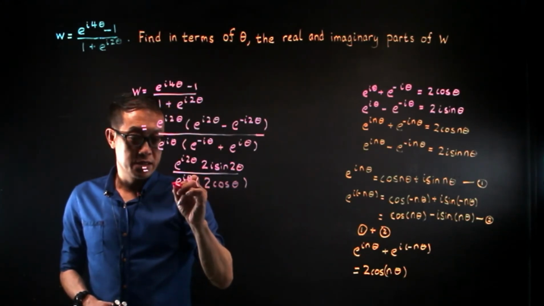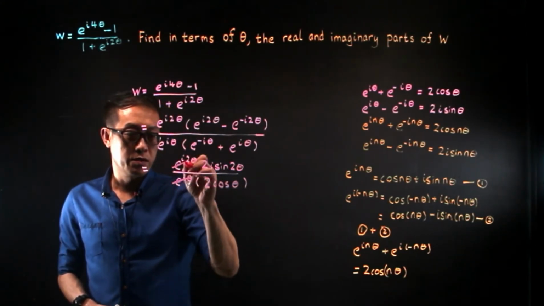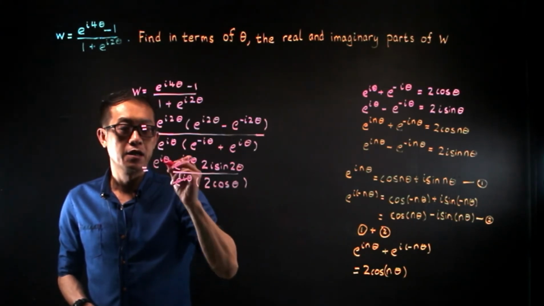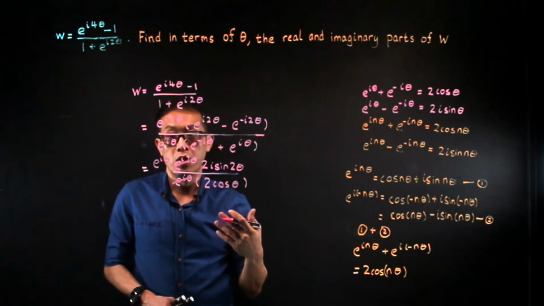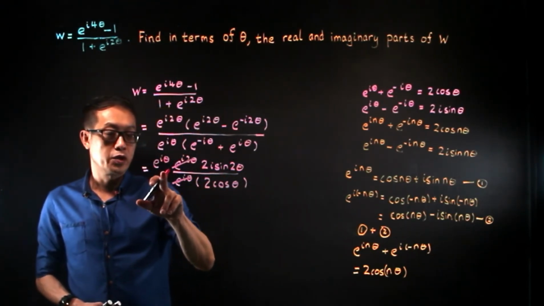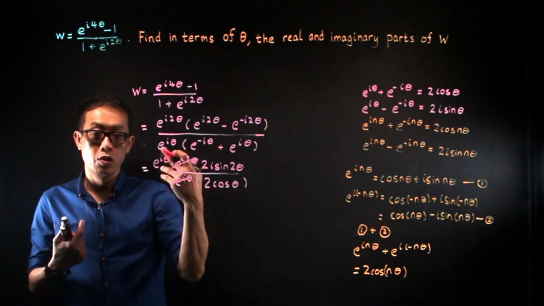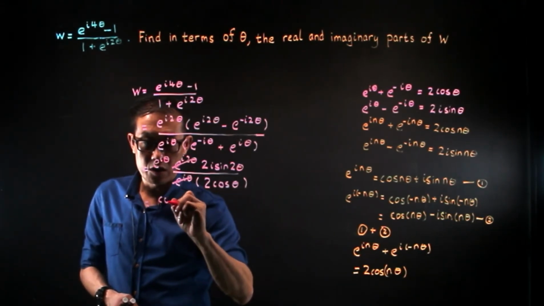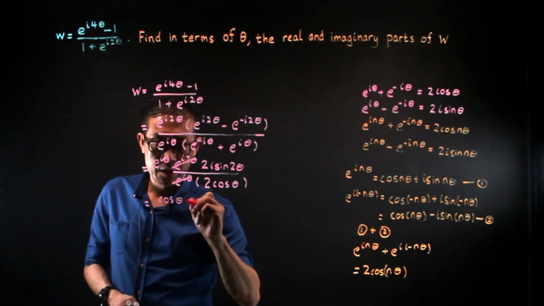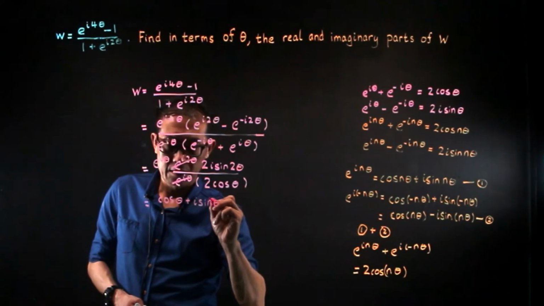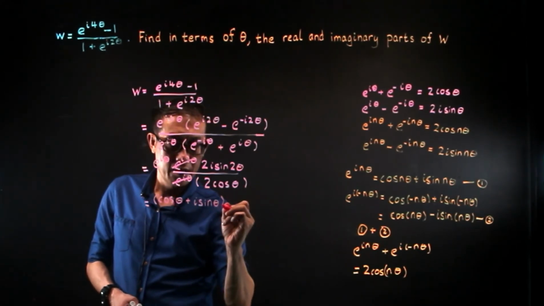So this cancels out. What is left behind is e^(iθ), according to the laws of indices. You can break this out into polar form, that is cos θ plus i sin θ.